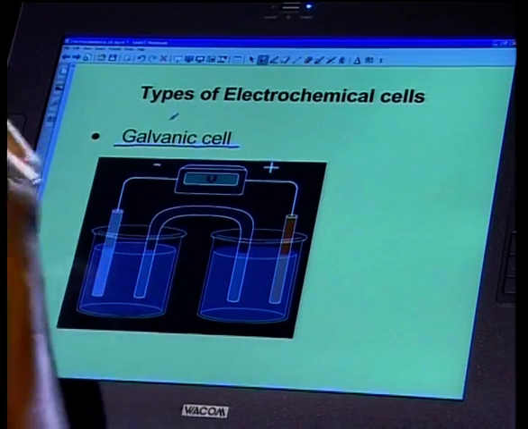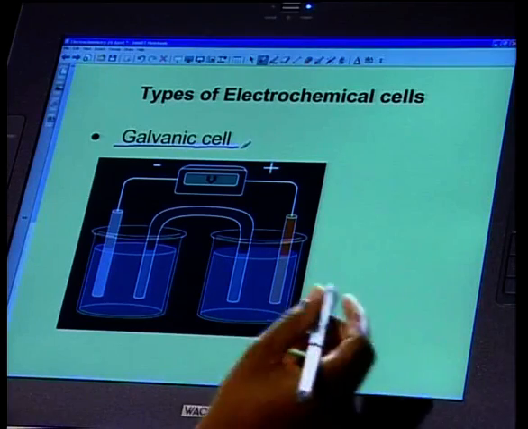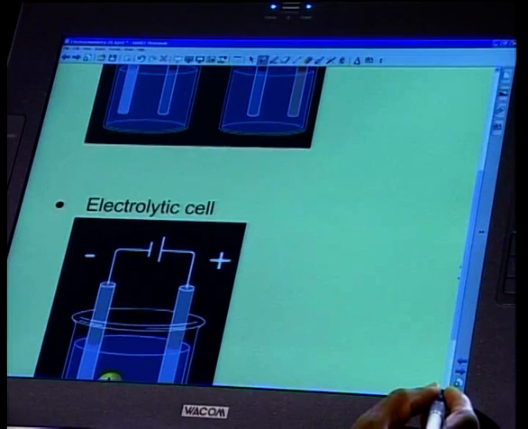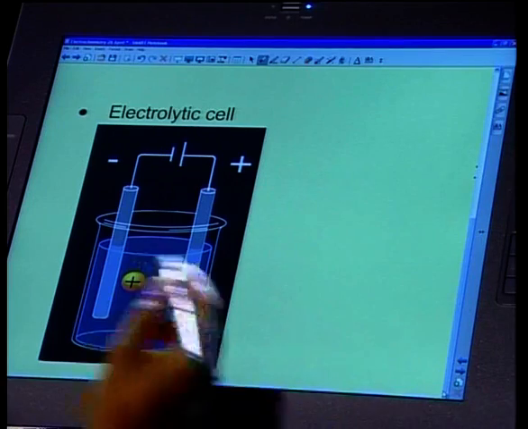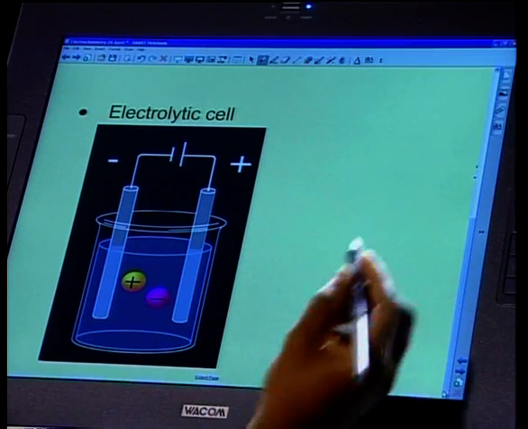In other words, when we talk redox reaction or reduction oxidation reactions or electrochemistry, we end up talking about these chemical cells. One of them is the galvanic cell, like I said. The second one is the electrolytic cell. Now, there is a diagram for an electrolytic cell. I'll explain more about these two cells as we move on.